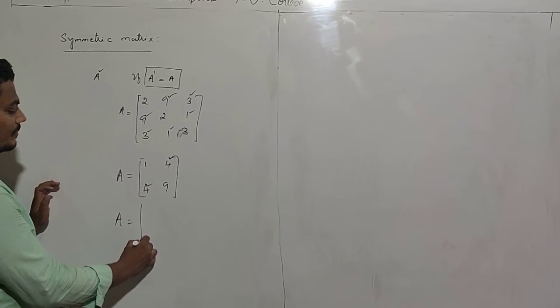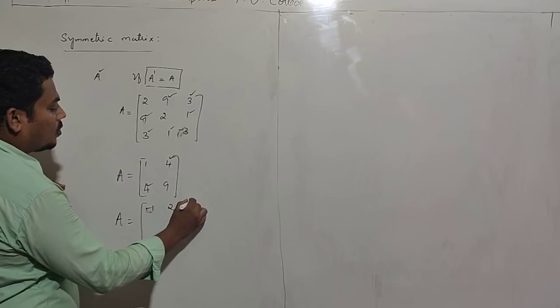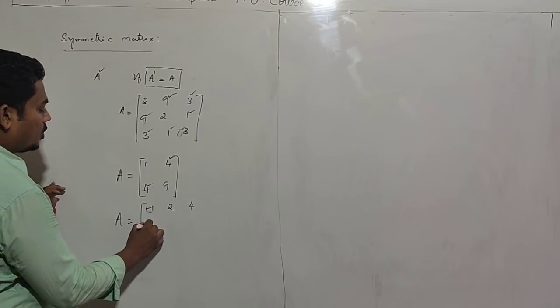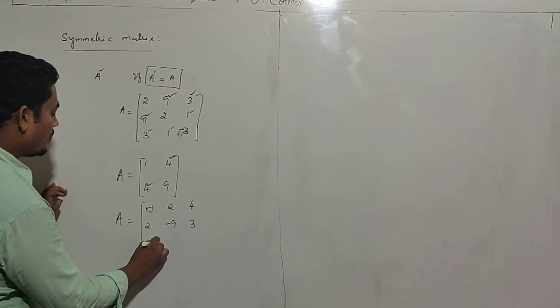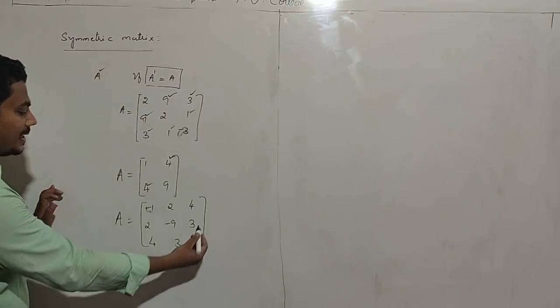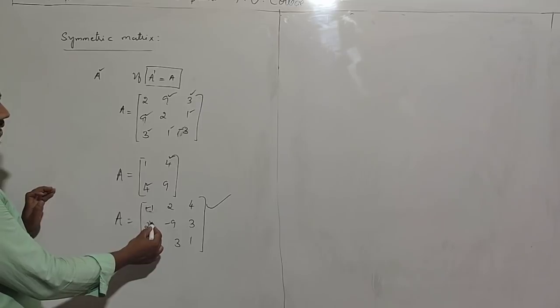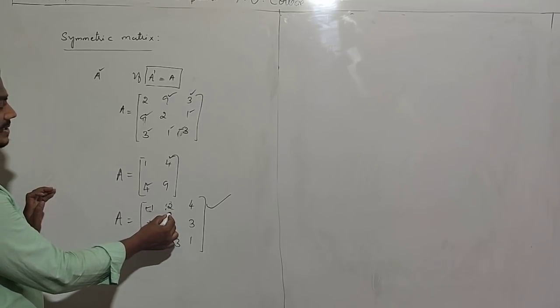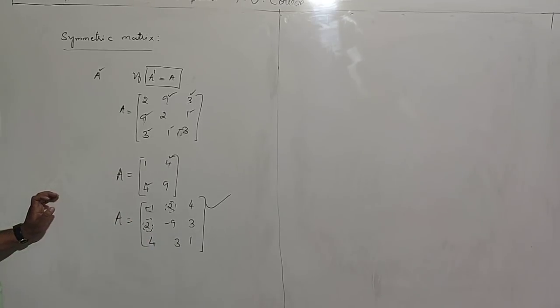We will write one more example. 0 minus 1 2, 4 2 minus 9, 3 4 3 1. Clearly it is a symmetric matrix. Why? Because corresponding non-diagonal elements are equal.